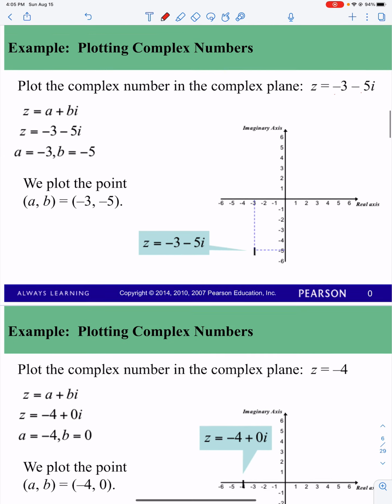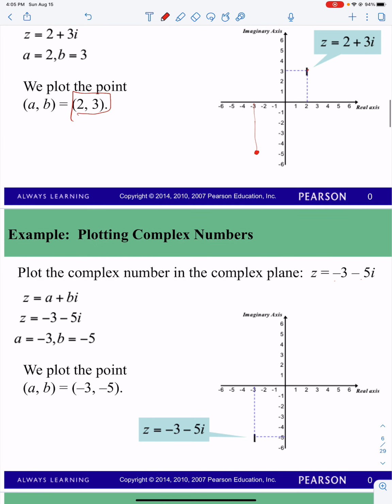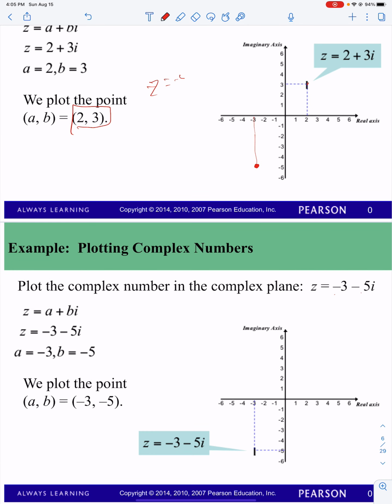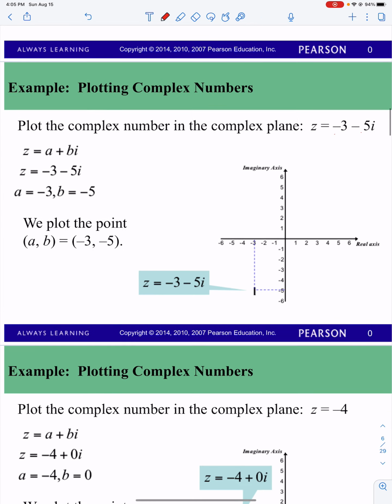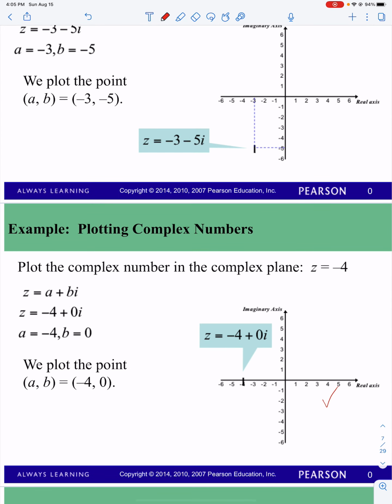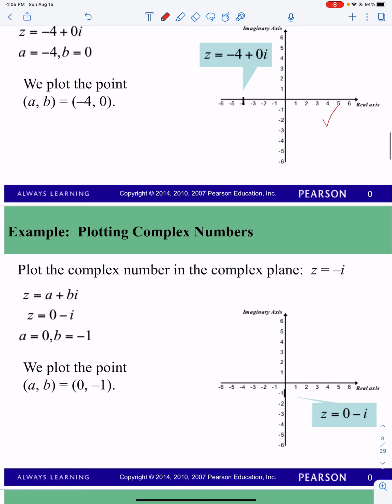And then -4, if z equals -3 minus 5i, here it is. -4 we have already done too. Okay, so -i, this means 0 minus i. So your x is 0, y is -1. Right here.